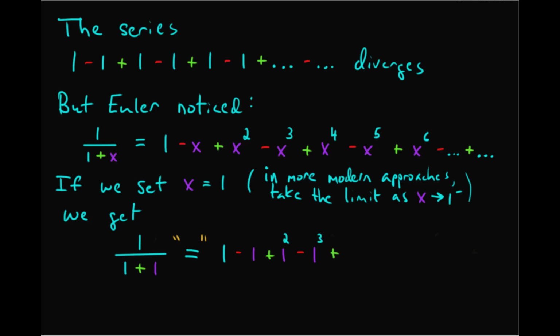I should really put that equals in quotation marks here because the series on the right-hand side of the equation does diverge. Nonetheless, the equality would suggest that this series equals 1 over 1 plus 1, or 1/2.